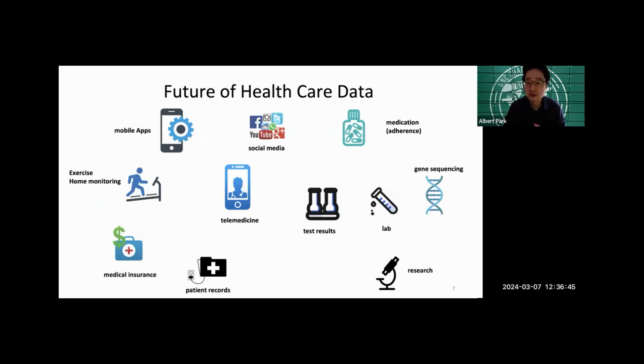The future of healthcare data can be in many different formats, but by gathering and analyzing all of this data, socioeconomic, environmental, biomedical, and molecular and genetic information, we can better understand medicine and change the current healthcare process.